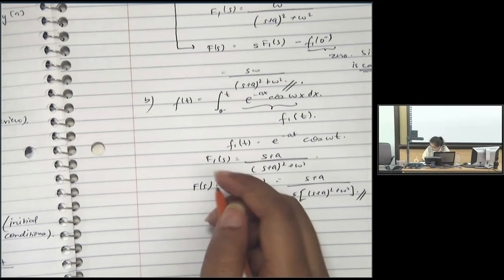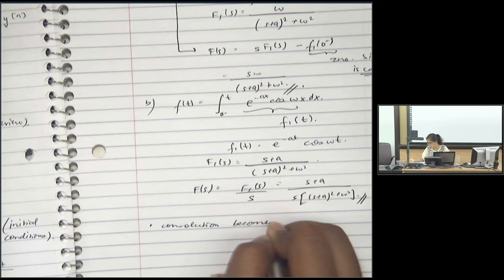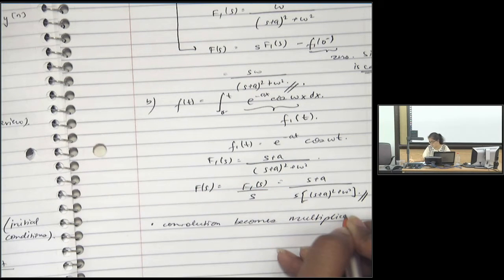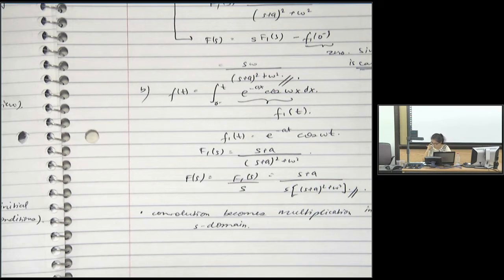Another thing, don't forget that your convolution becomes multiplication in S domain. Okay, and you have analogous Z domain properties.